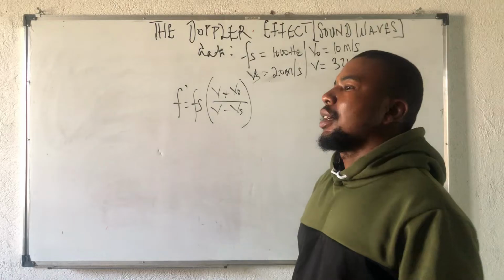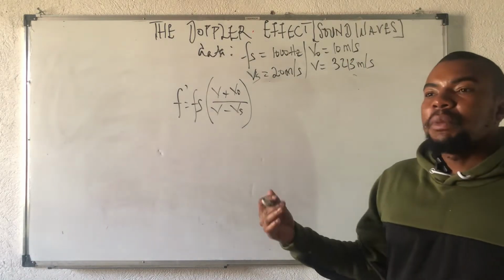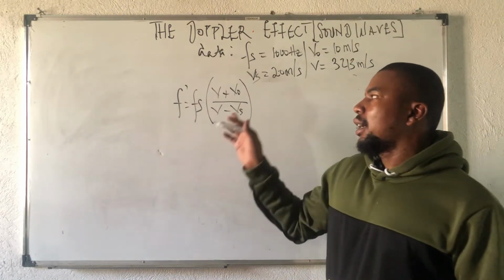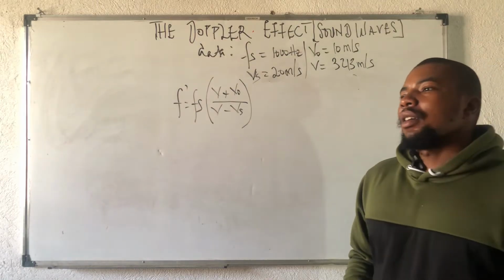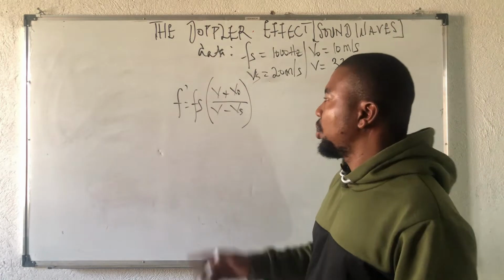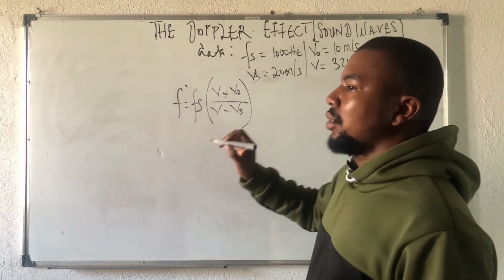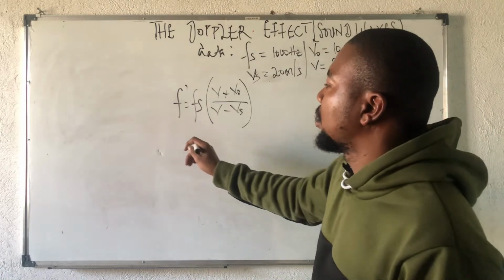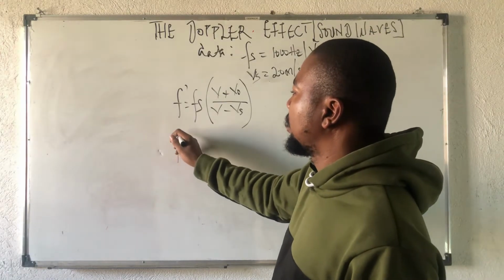This will give us the answer we're looking for because they're moving towards each other. So let's plug in our values and solve for the apparent frequency.